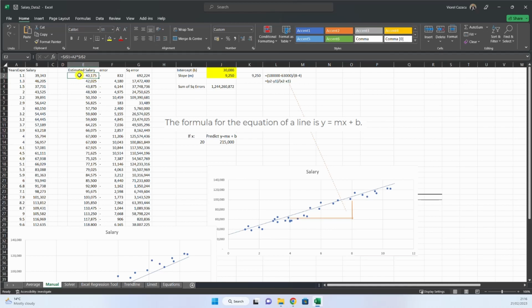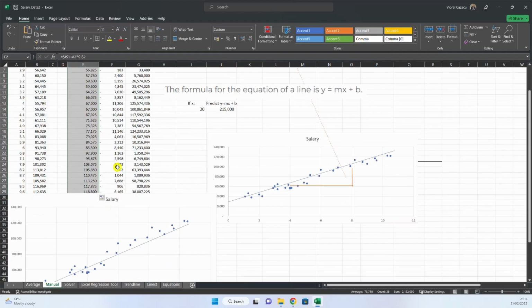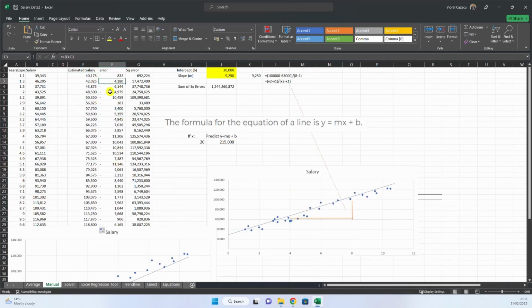Okay, and we have this. We see that we have some differences, which are the errors. We will see how we estimate the accuracy. We have here the squared error, and here we have the sum of the squared errors.